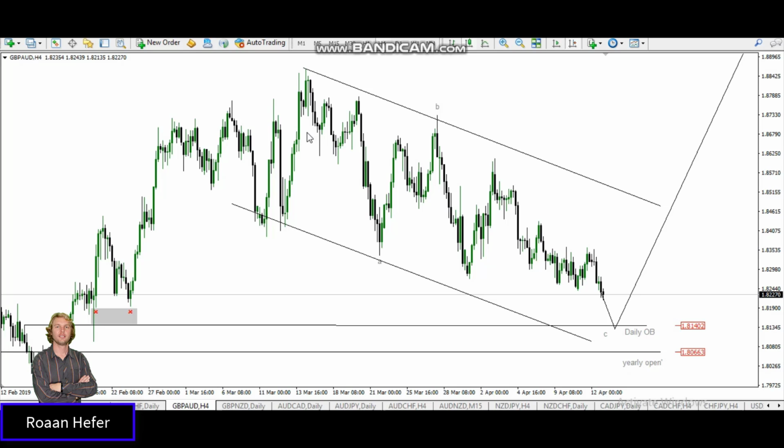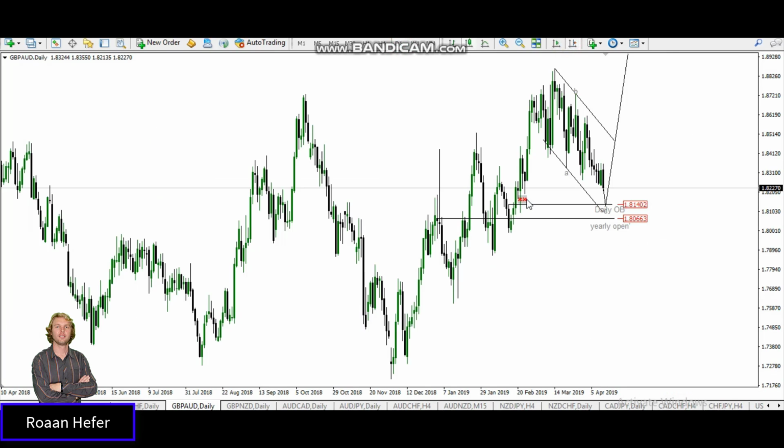Quickly want to discuss with you Pound Oz and Chief Yen, two setups that I'll be looking at during the week. Okay, starting with Pound Oz on the H4 chart. Price has been making this declining corrective channel. Price is about to run these equal lows here, running into this daily order block, which you can probably better see on the daily, that 81.40 level.